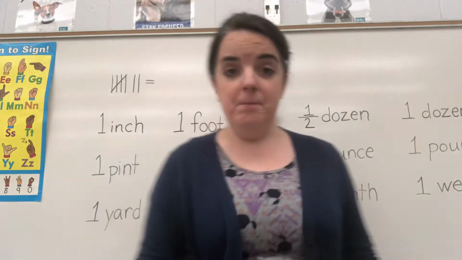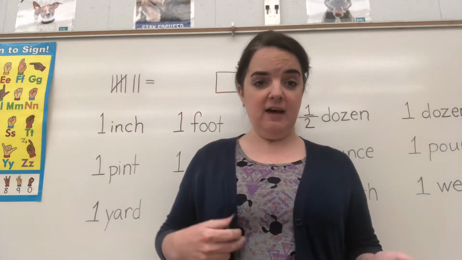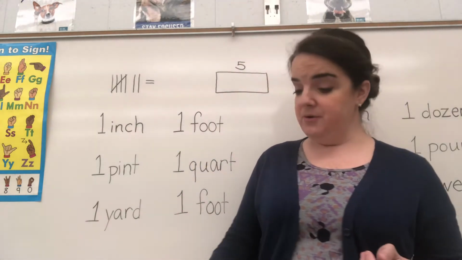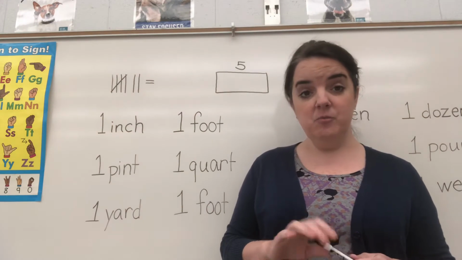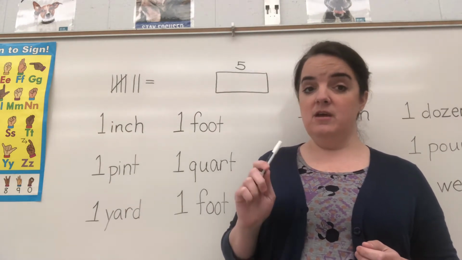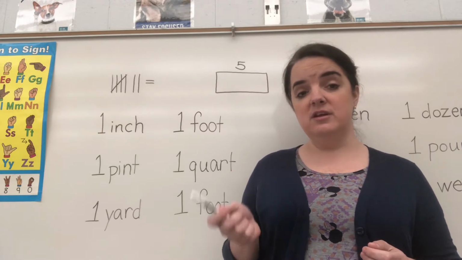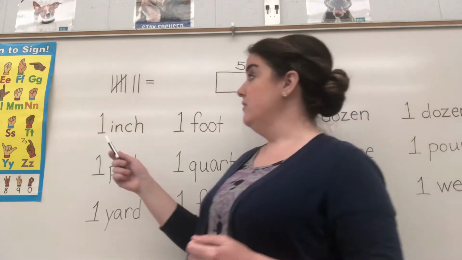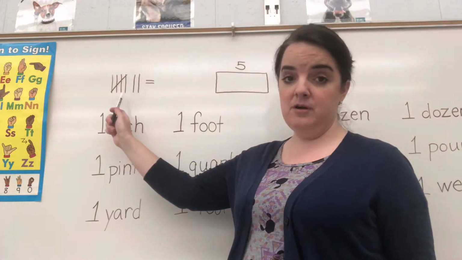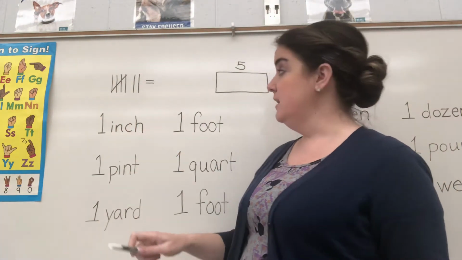Okay, so in our last math lesson, we talked about tally marks. And so if you notice on your paper in the front in section 1, you'll see some tally marks. What you're going to need to do is count the tally marks. I have one example up here on the board, and this is actually your first one on your paper.